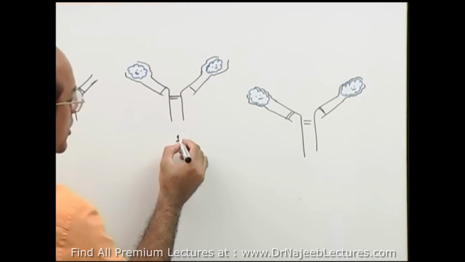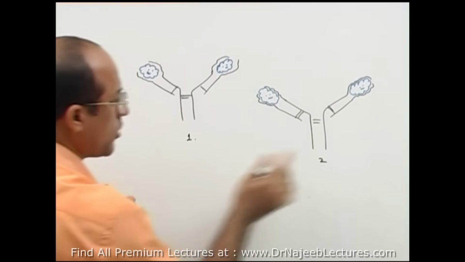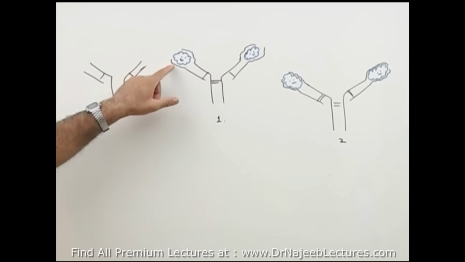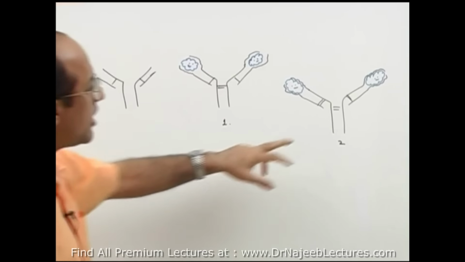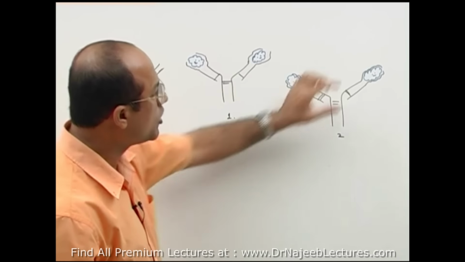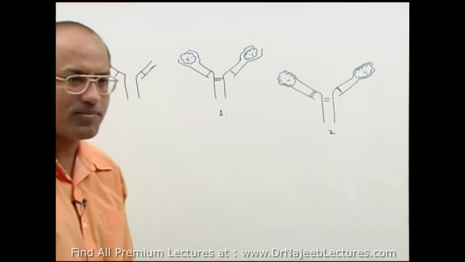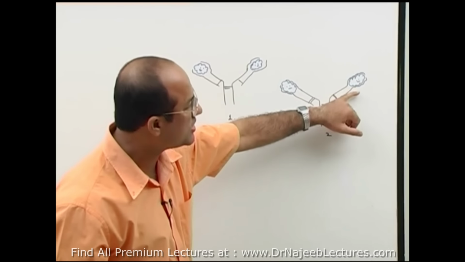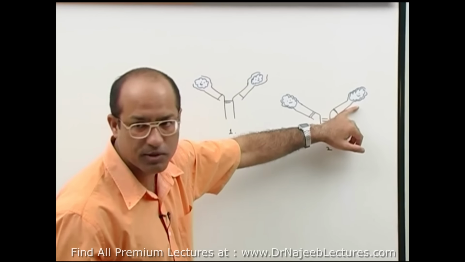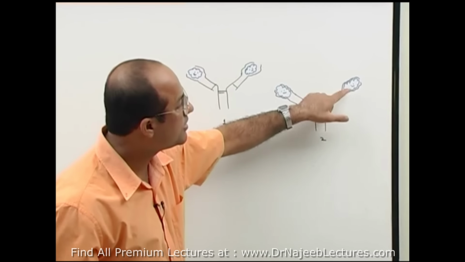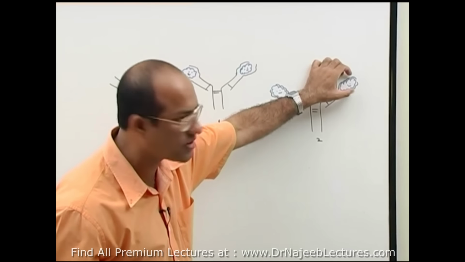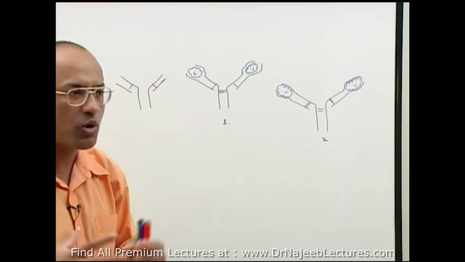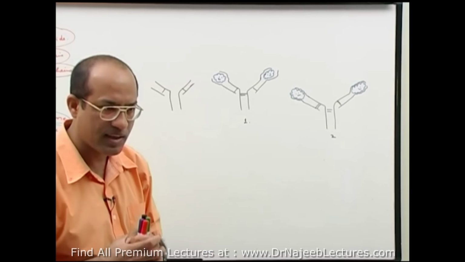Let's suppose this is antibody molecule number 1, this is antibody molecule number 2. What do you think? Is antibody molecule number 1 holding the antigen more tightly or antibody molecule number 2 holding the antigen more tightly? 2. Actually, these interactions between the variable and hypervariable regions of antibodies and the antigens determine how tightly antibody will hold the antigen, right?